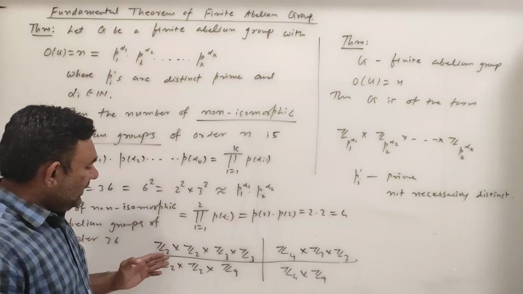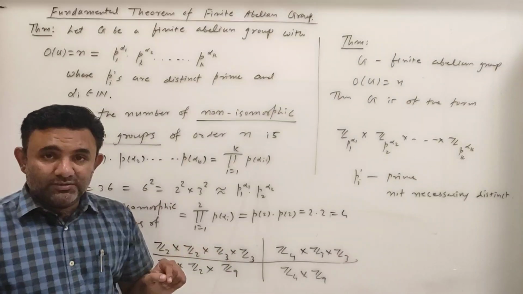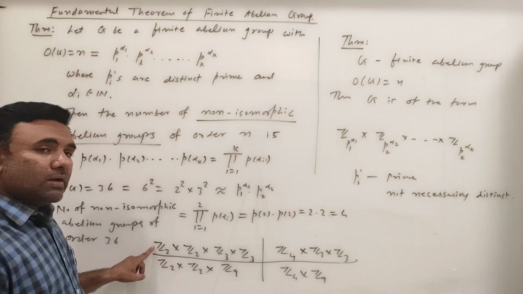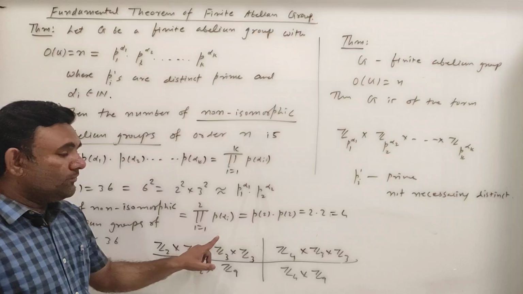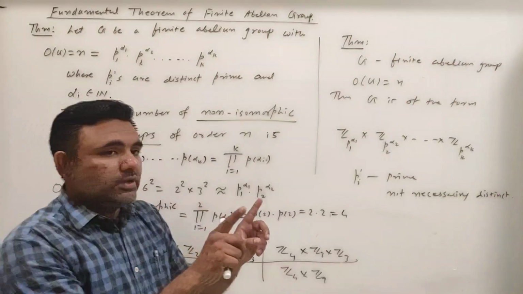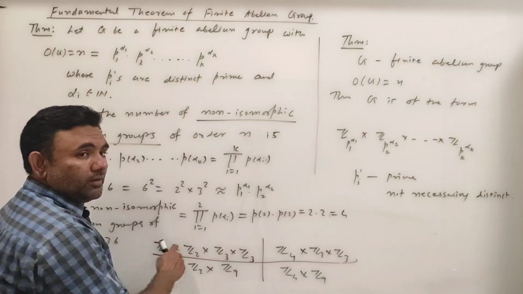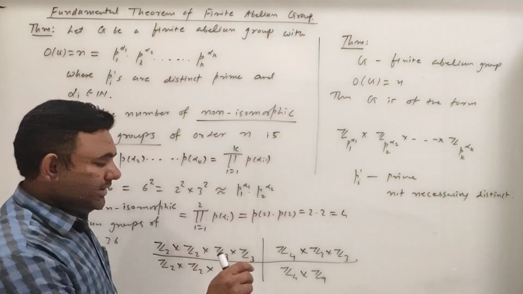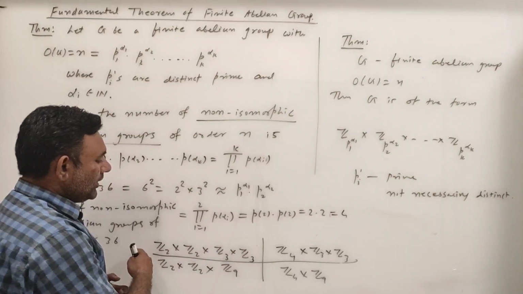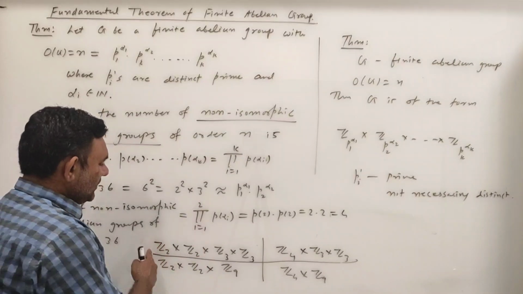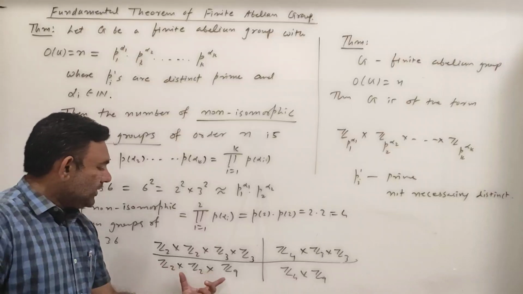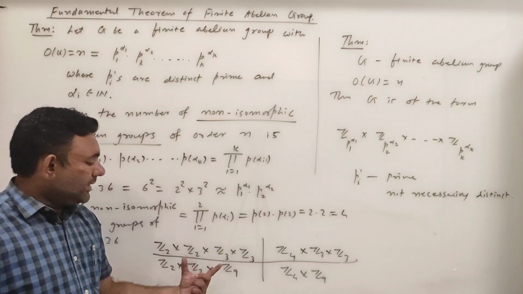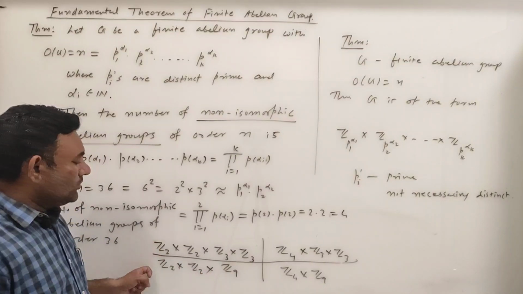In fact you will not get any element having order more than 6. क्योंकि Z2 में जो एलिमेंट है उसका ऑर्डर either 1 और 2, and in Z3 either 1 और 3. तो 1, 2, 3 में से किसी का भी कॉम्बिनेशन करेंगे आप, then you will not get the LCM as 9, right? So this group does not contain any element of order 9, but this group has an element of order 9. You consider identity and 1, so that element has order 9. So this group and this group are not isomorphic.